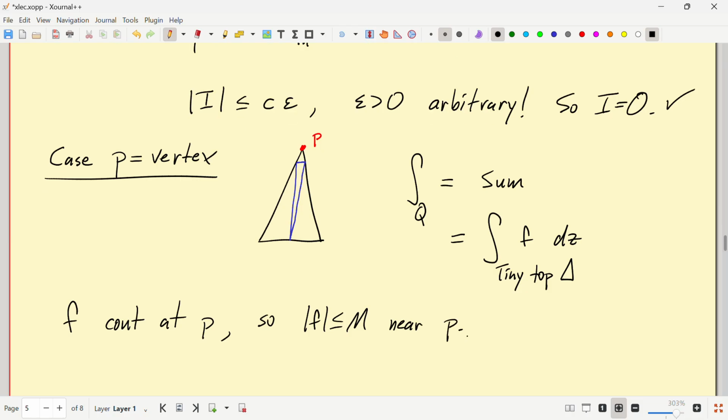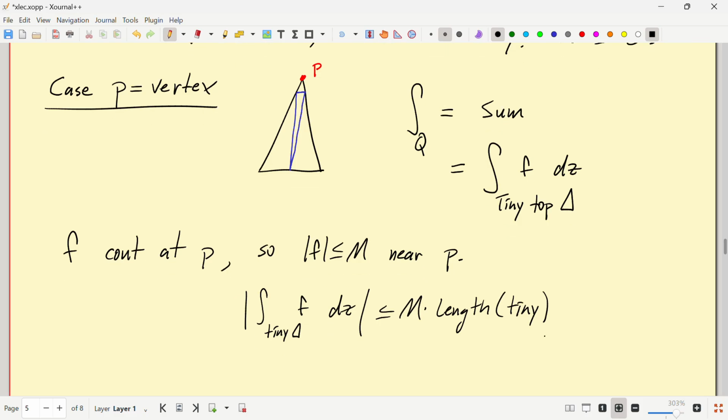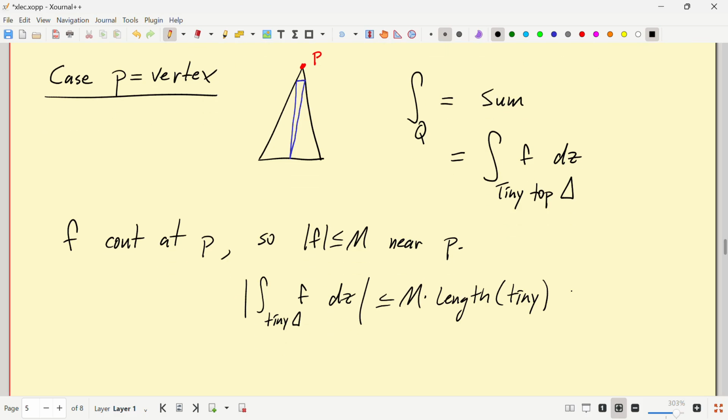And so you'd get that the integral of F around that tiny one is less than or equal to M times the length of the tiny one, which of course is tiny. And so that can be made as small as I want, arbitrarily small.